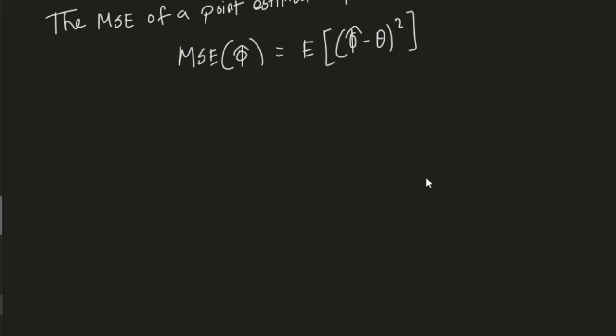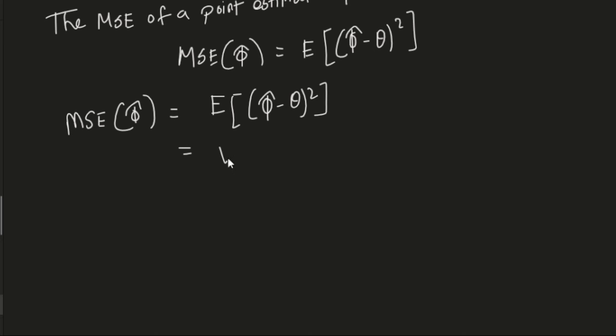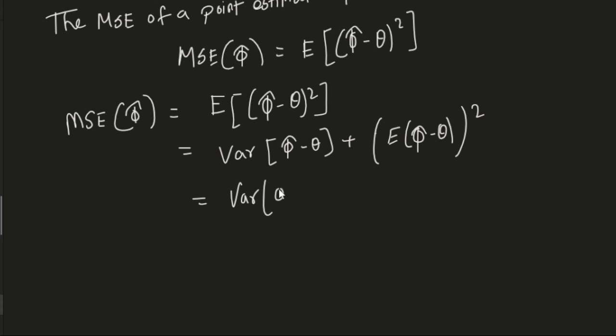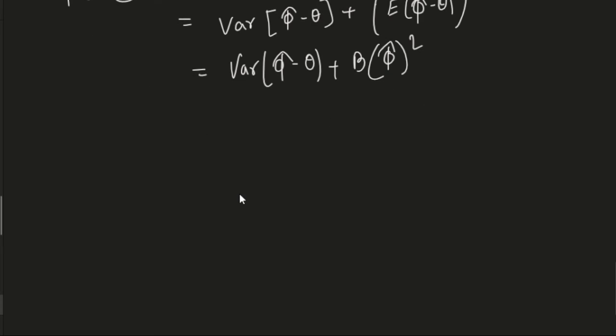Also, what we can find out from this is that the MSE is equal to the variance of the estimator plus the bias of the estimator squared. This is another way to find that.